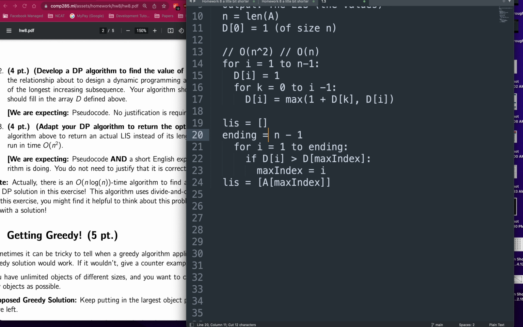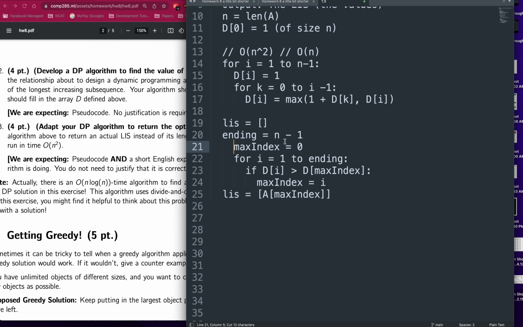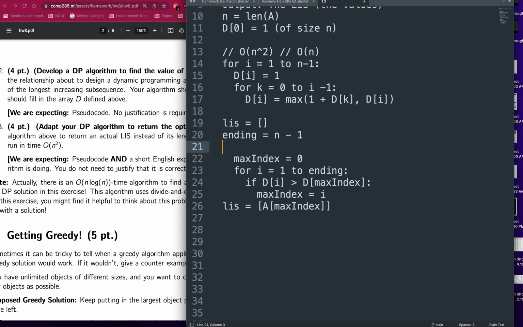We're going to do max index is 0, and we iterate from 1 up to ending, where ending is n minus 1 at first. And we do this. Oh, actually, this won't quite work because you won't know.